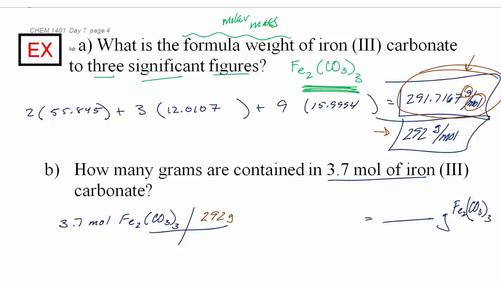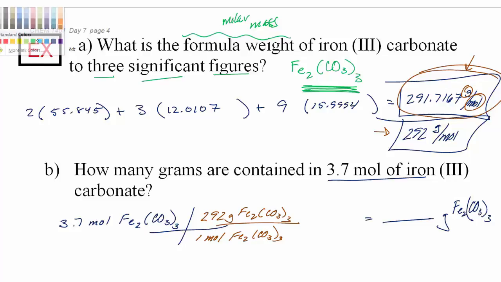You better write it in this way, otherwise the moles won't cancel. So if I write it this way, my moles of iron(III) carbonate cancel out. I'm in grams. I'm done.